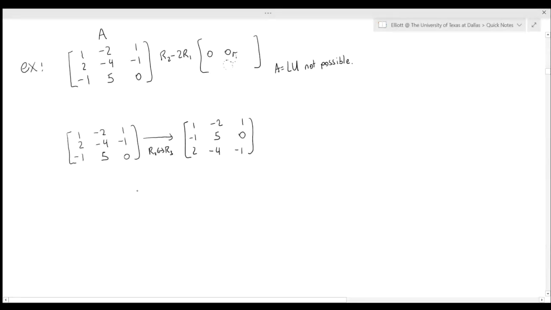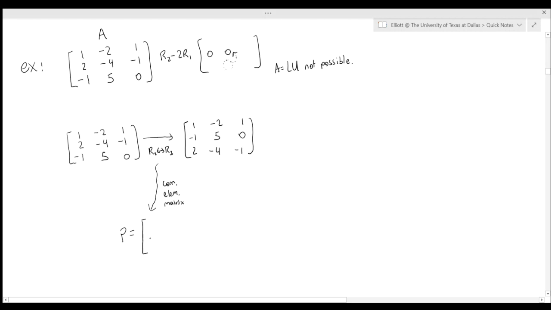Now, if I get the elementary matrix corresponding to this row operation that we did, this row swap, so remember, to get the corresponding elementary matrix, just perform the same row operation on the identity.